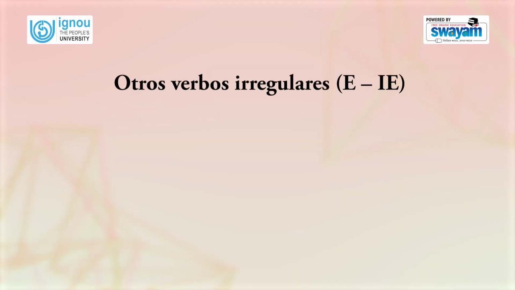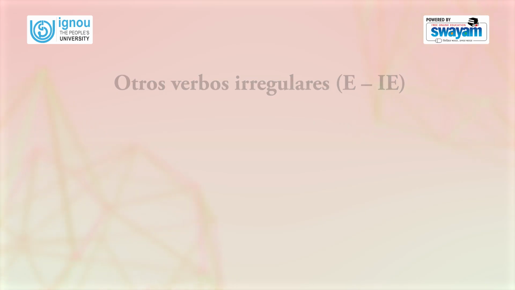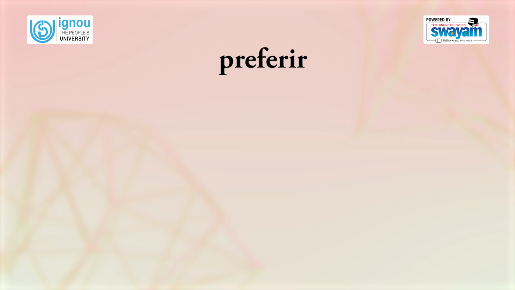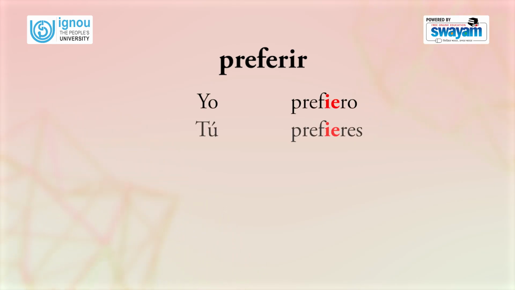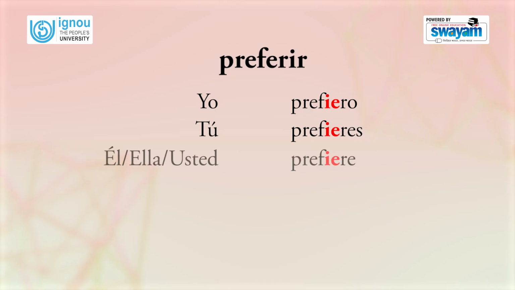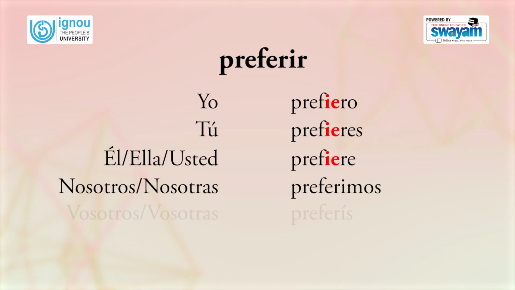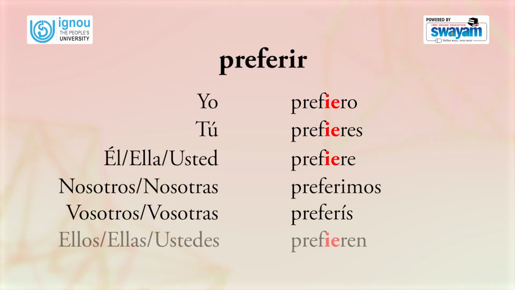Now, ir verbs with the stem vowel E change to IE. Right, so we have preferir, to prefer, and the conjugation is yo prefiero, tú prefieres, él y usted prefiere, nosotros preferimos, vosotros preferís, ellos y ustedes prefieren.